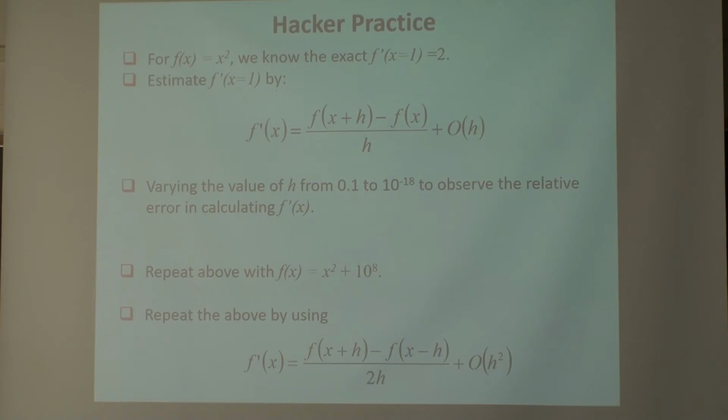In my case, this f of x plus h minus f of x divided by h is coming out like this. It starts with 2, then stays around 2, 1.9, 1.9, and then it goes to 2.2. And why is that? Because it loses precision, right?